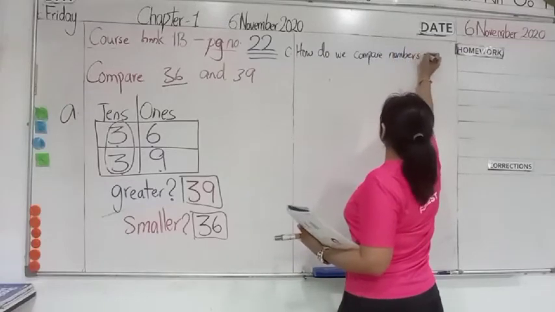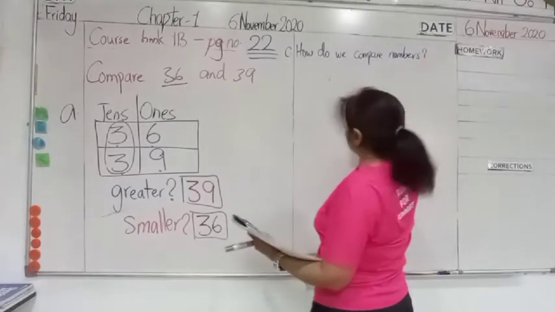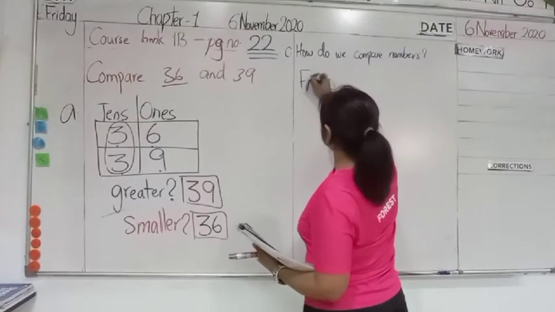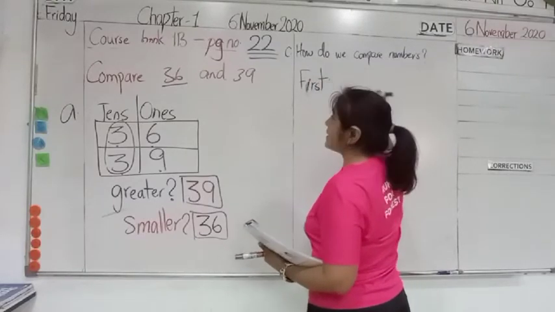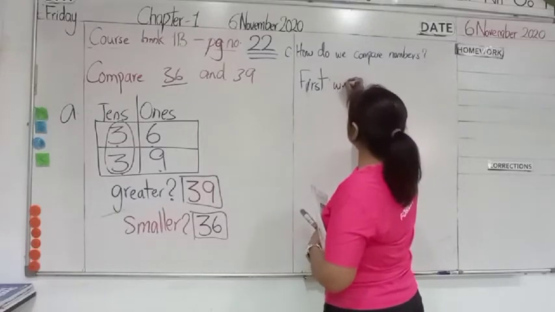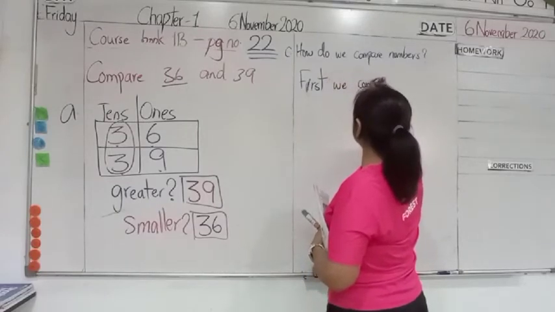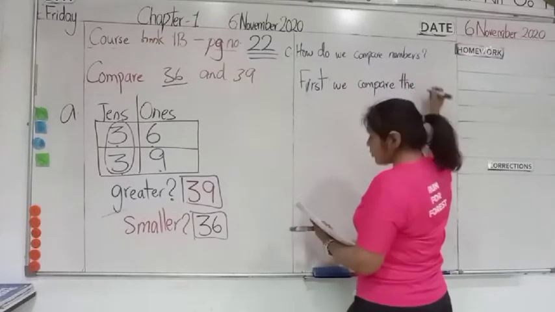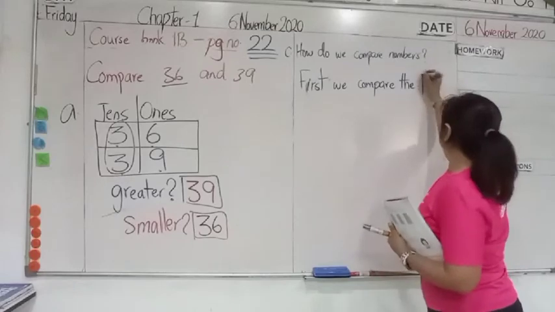They are asking us a question and then they told us fill in the blank. Fill in the sentence, complete the sentence. That is, first we compare. What do we compare? Compare the dash.